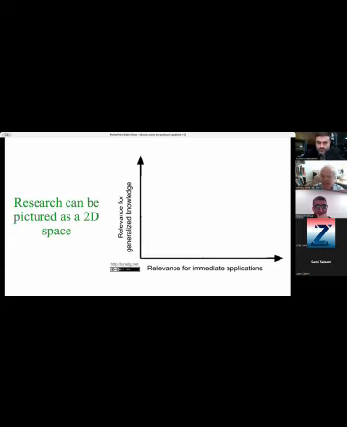On the x-axis was how relevant is what you're doing to immediate applications in the world. And on the y-axis was how relevant is this work to the body of general knowledge about how the universe is put together. And he divided this space up into quadrants.